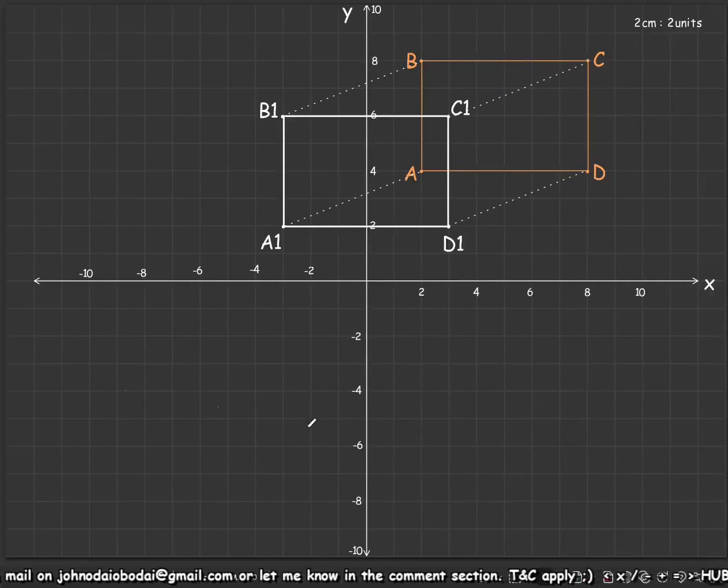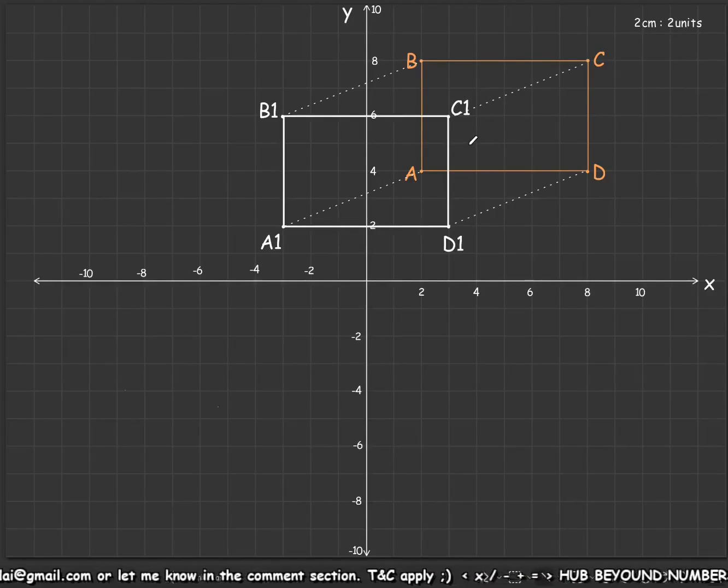So what this actually means is, you see this figure here, the one in yellow, that is the one we are reflecting. And we are reflecting on the y-axis. So this is our mirror line, and we want to reflect it towards this side.